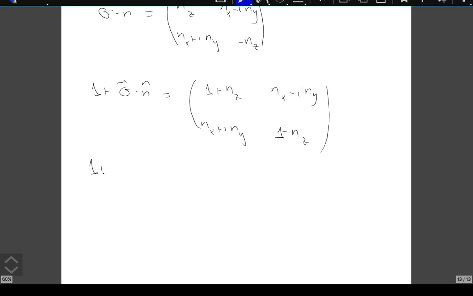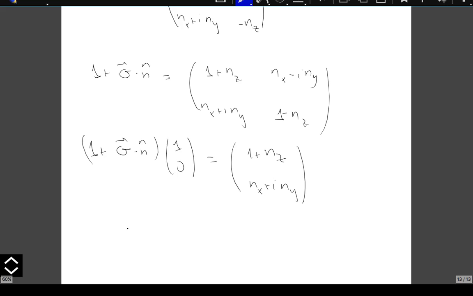Let's multiply this with (1, 0). If this is not 0, then we know that this is an eigenket of S dot n. If I multiply this with (1, 0), what I get is 1 plus nz and nx plus i ny.